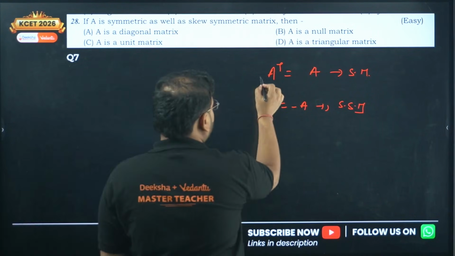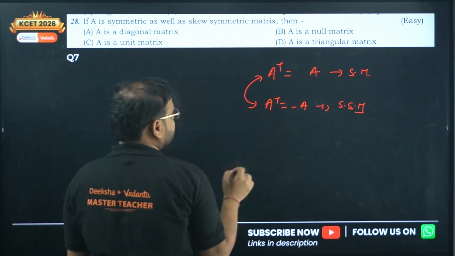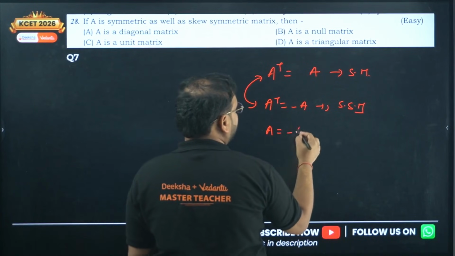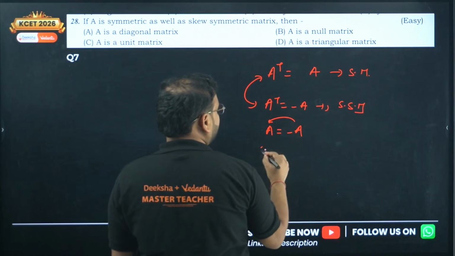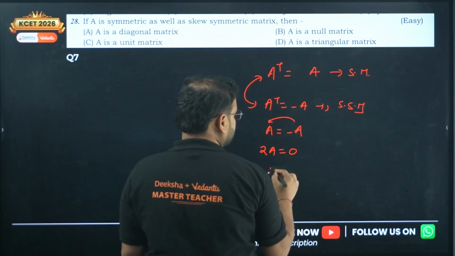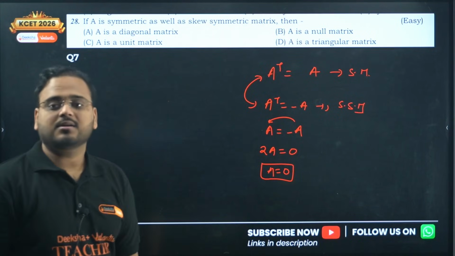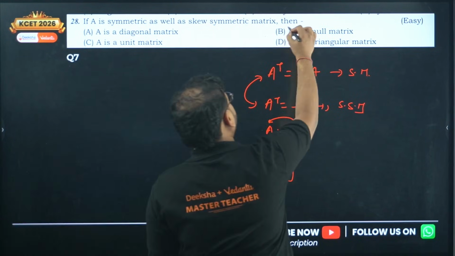They are both A transpose, so if this is equal, this also has to be equal. So I get A equals minus A, which gives 2A equals 0. So A equals 0. So A is a null matrix.